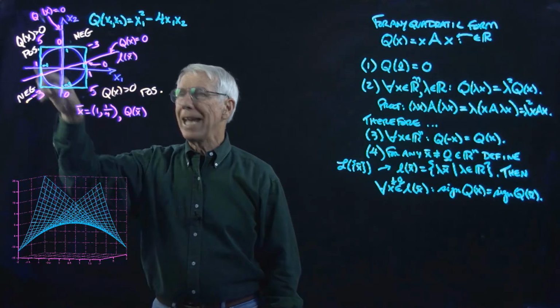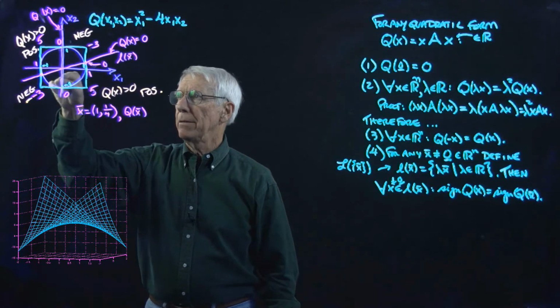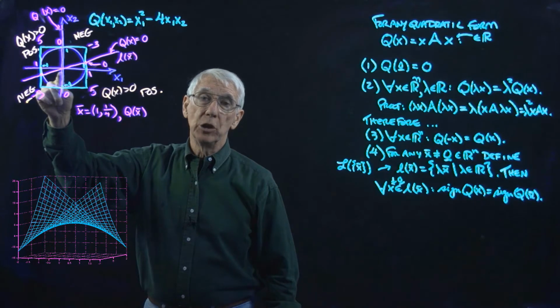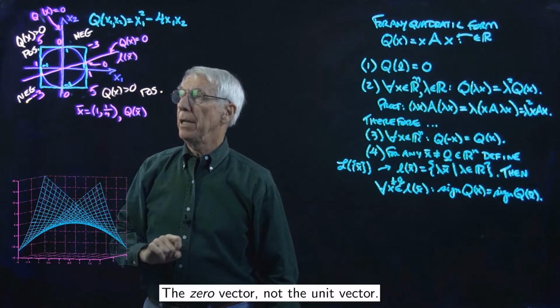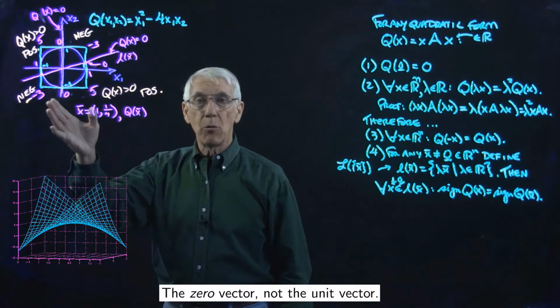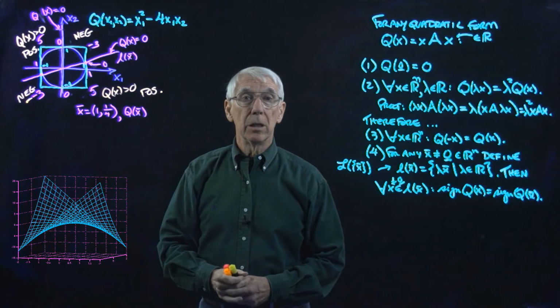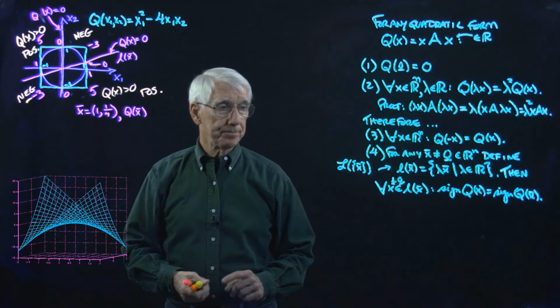So I could use any set S, call it, that is centered at the unit vector, and I would be able to use that set to tell me everything I want to know about any given quadratic form.